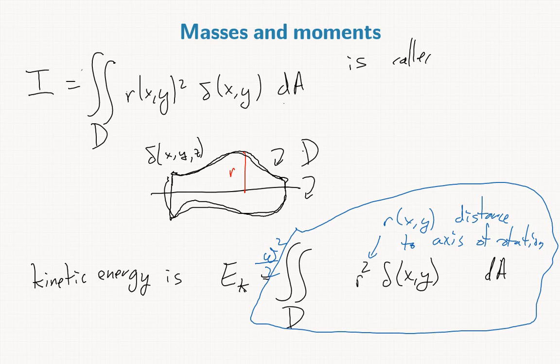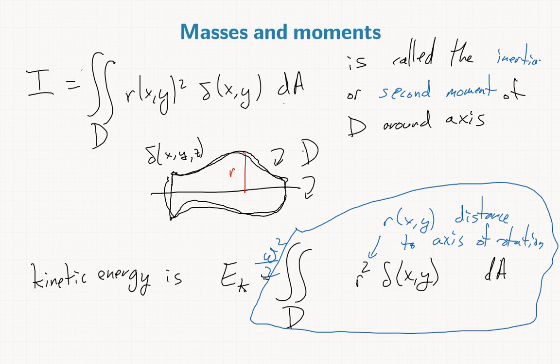This is called the moment of inertia, or the second moment of D around the axis of rotation.